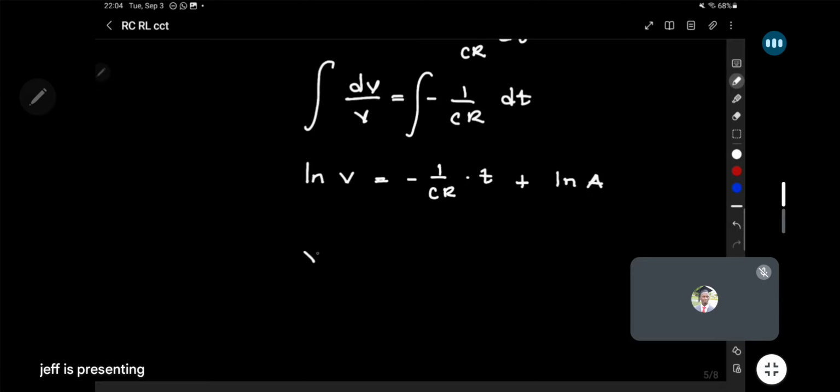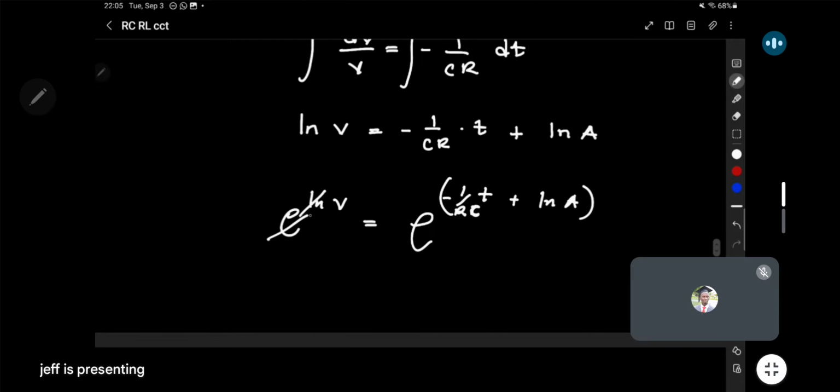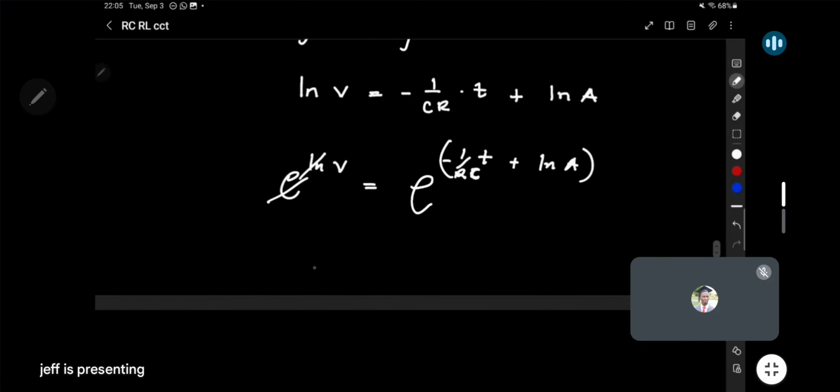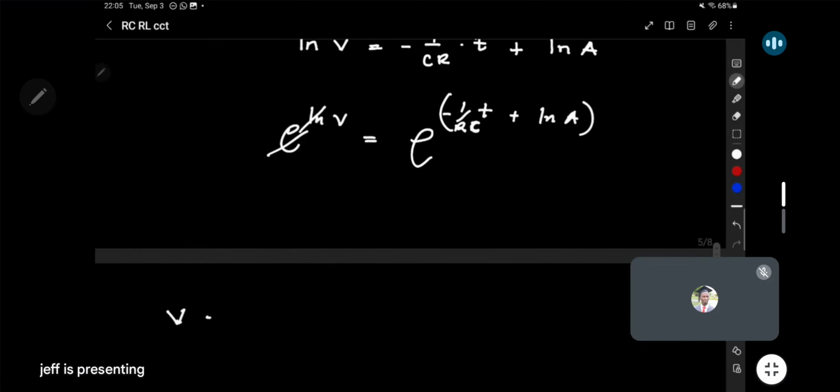So from there, when you take the antiln, which is the exponent on both sides, you're going to have e to the ln V equal to e to the -1 over RC, or CR, doesn't matter, plus ln A. e and ln will cancel. They are the opposite of each other. So that now on the left side, we only have V is equal to.